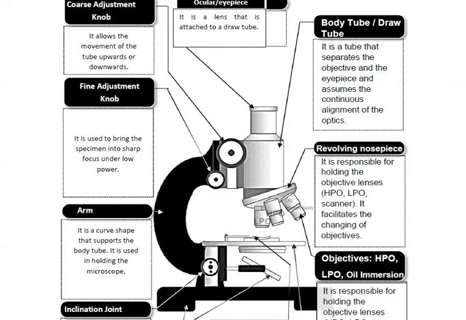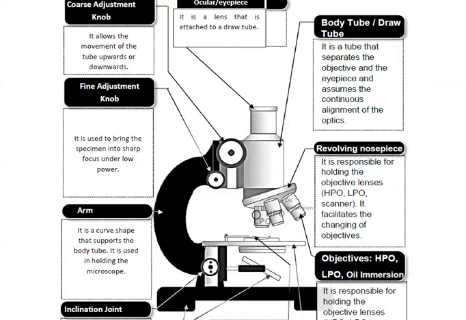The coarse adjustment knob moves your body tube. The fine adjustment knob is used to bring the specimen into sharper focus under low power. And then the revolving nose piece, this is the one that will help you change the objective.